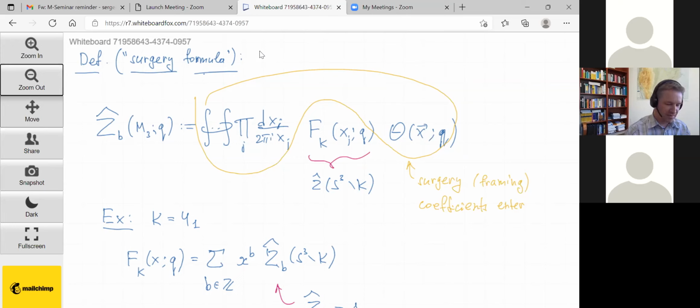Your M3 was closed without boundaries, and Z hat_b was defined only for such three-manifolds. S^3 minus K certainly is not in the class. Right, so that's what I'm trying to say: at some point, to define it for general manifolds, in the surgery approach, I have to explain how to obtain this Z hat of S^3 minus K for knot and link complements.